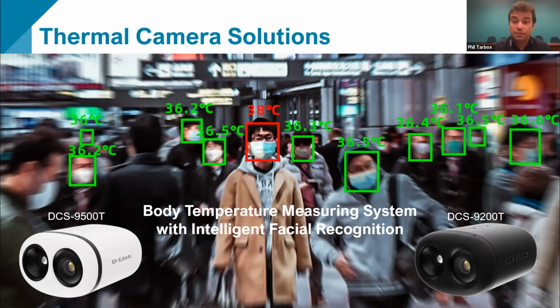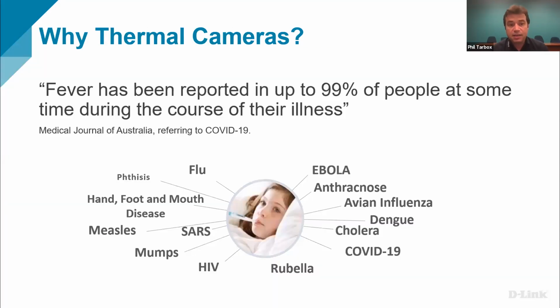So thermal cameras are certainly one way of being able to deliver this. According to the Medical Journal of Australia, referring to COVID-19, up to 99% of people at some time during the course of their illness have reported fever. Of course, it's not just in COVID-19 where fever is a symptom.